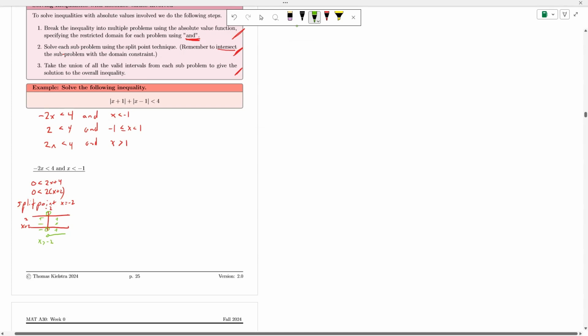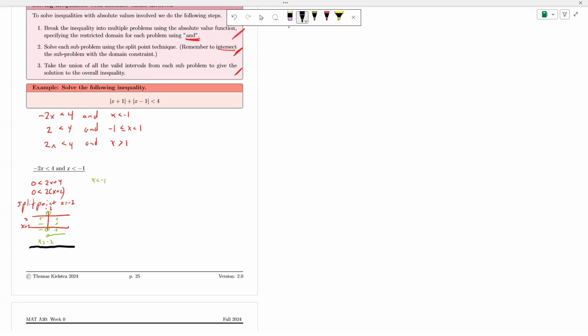But I also have the line x less than -1. So I'm going to intersect these two constraints: x greater than -2 and x less than -1. Remember that this is at the point -1.